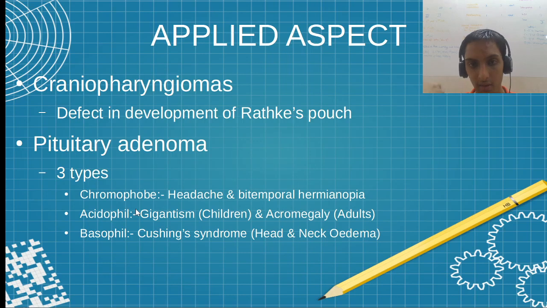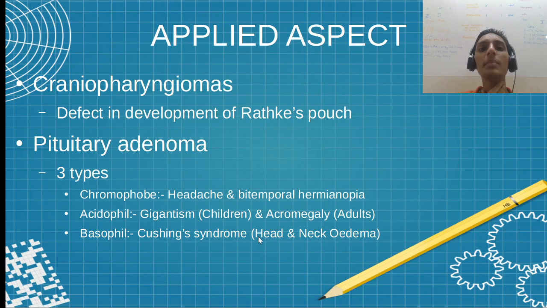If we recollect the histology, we have alpha, beta and chromophobe cells. Lesion of alpha leads to gigantism and acromegaly. Gigantism, especially in children; acromegaly, remember letter A for adults. Now beta cells lead to Cushing syndrome, that is the edema of the head and neck.